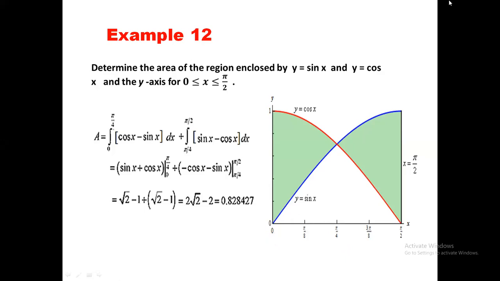So the key always in correctly determining the area bounded by functions, or bounded by a function, an x-axis, or a specified interval is that, number one, you should know the limits. If the limits are not given, the limits that you're going to use in your integration, you have to determine them by finding the points of intersection.